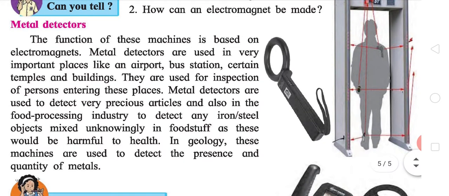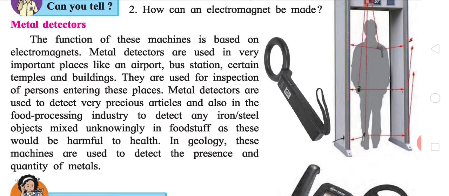Heading: Metal detectors. The function of these machines is based on electromagnets. Metal detectors are used in very important places like airports, bus stations, certain temples and buildings. They are used for inspection of persons entering these places.